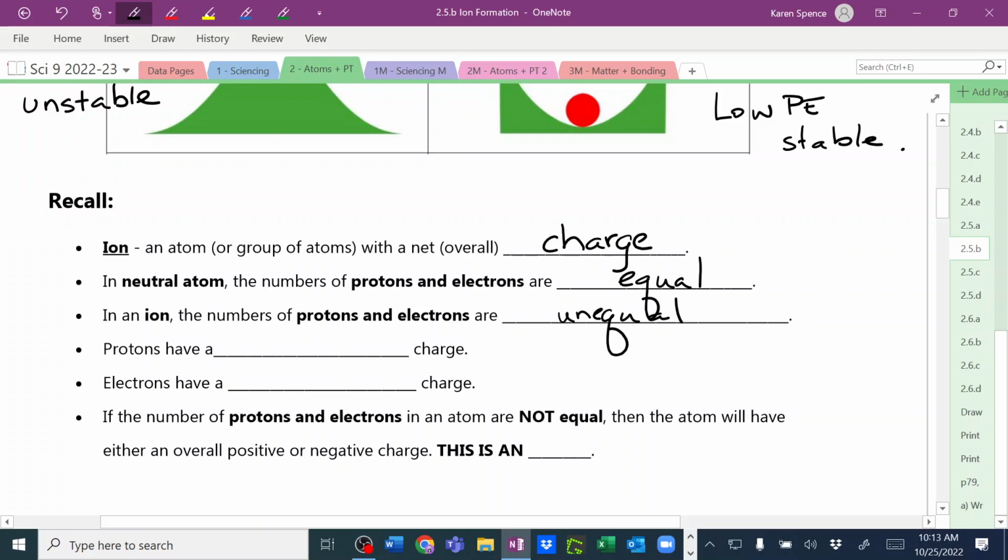What charge do protons have? Positive. What charge do electrons have? Negative.